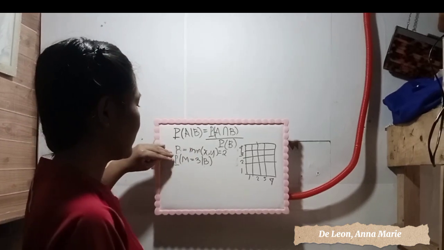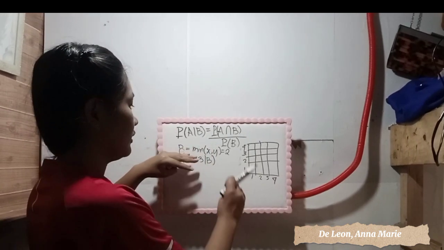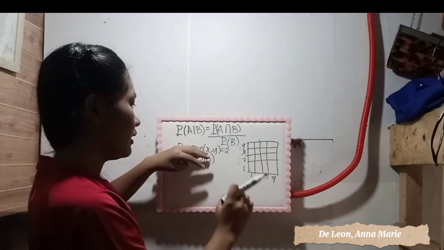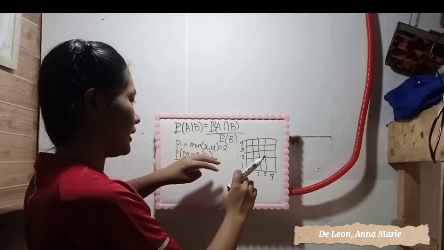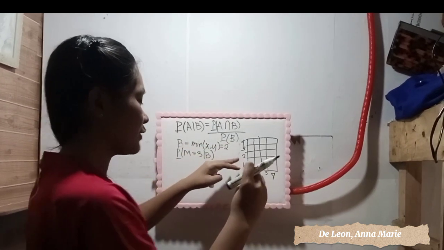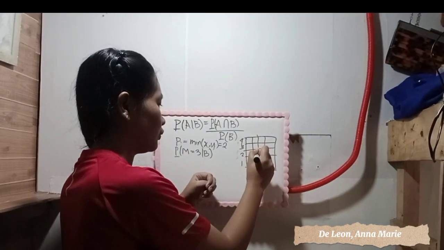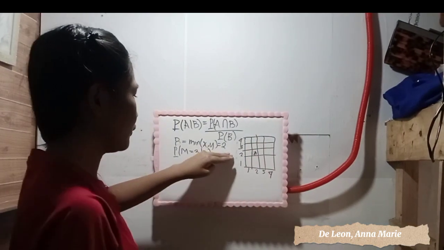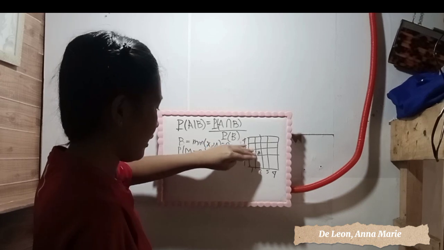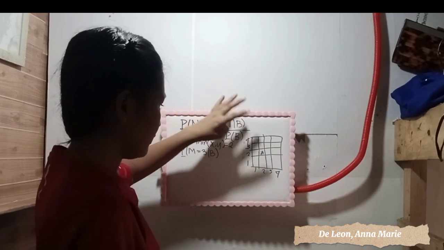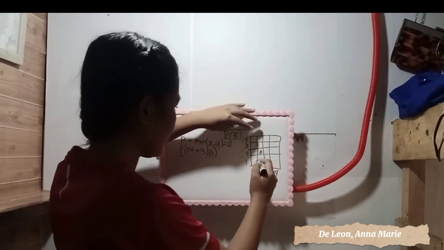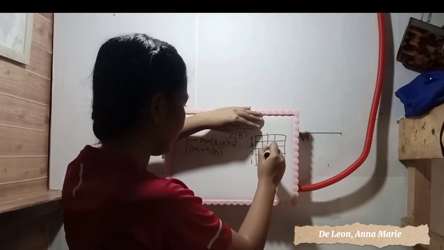So first we're going to get the minimum of 2. The minimum of 2 or greater than 2. So for instance, the first roll is 2 and the minimum is 2. The second roll is equal to 3 and the minimum is 2.